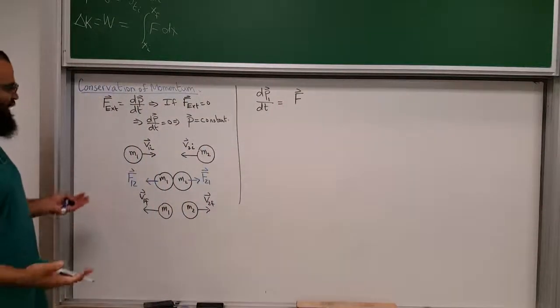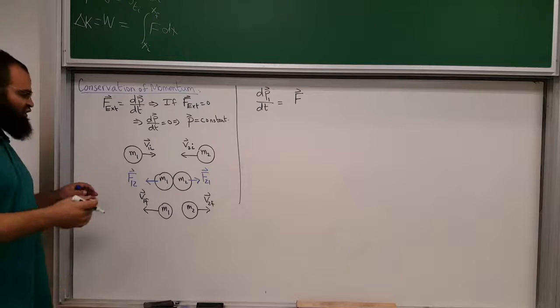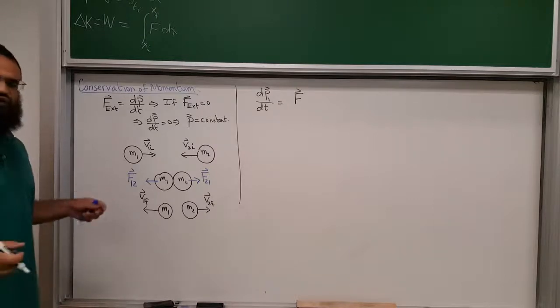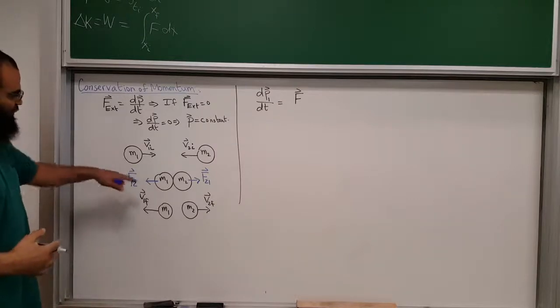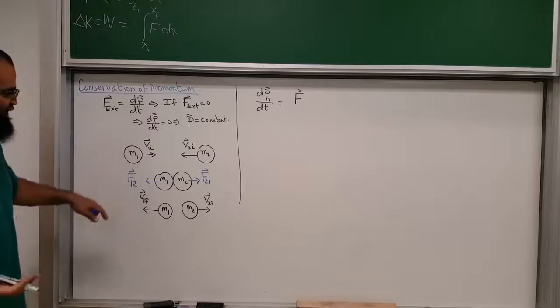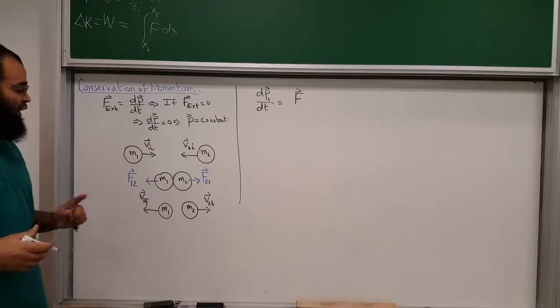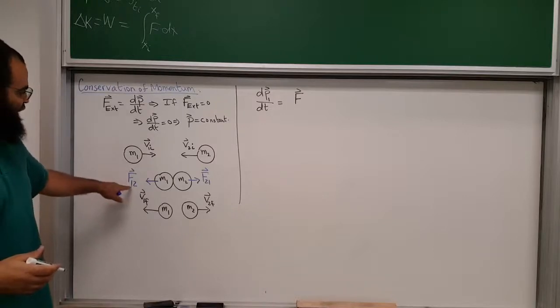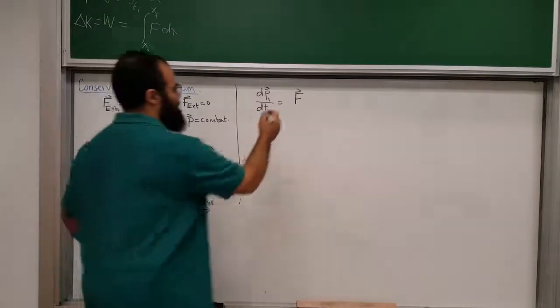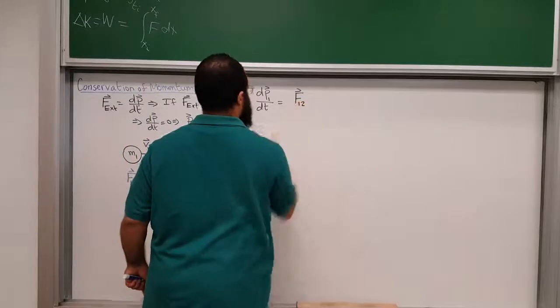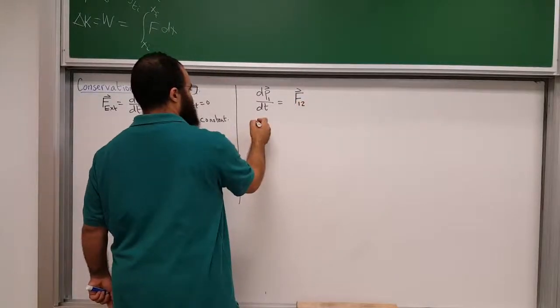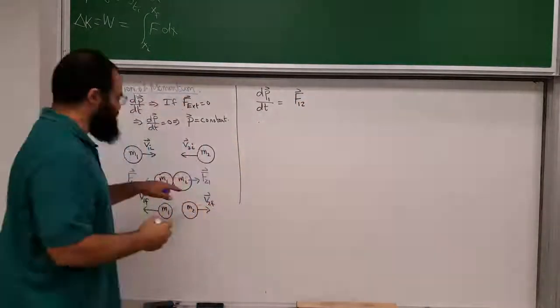But on object 1, let's say there is only one force. We're in outer space. Forget about gravity, friction, and so on. We will add them later. Suppose in this universe you only have these two masses and they're colliding with each other. The only force on M1 is the force on 1 due to 2.